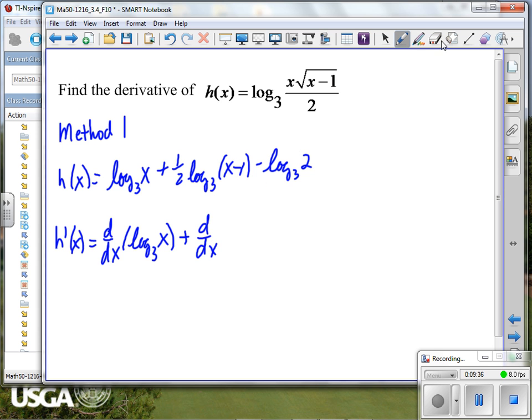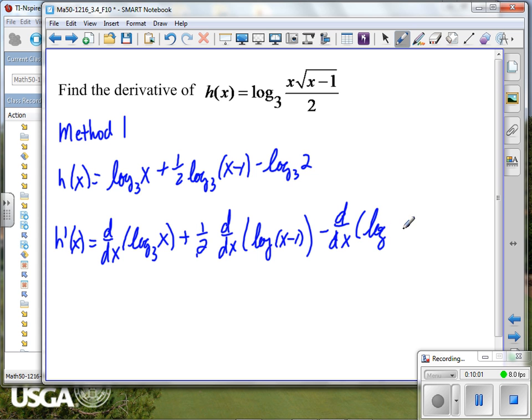In fact, I'm going to put the 1/2 outside. Remember, if you have a scalar multiplier, you can move it outside. Let's put the derivative there.